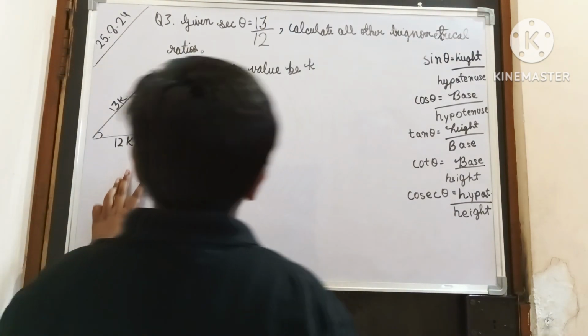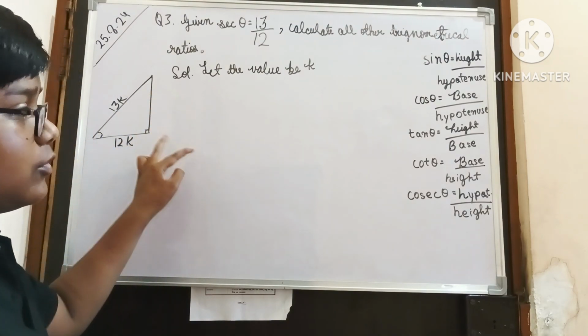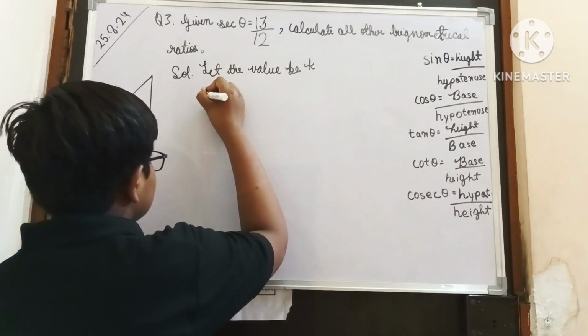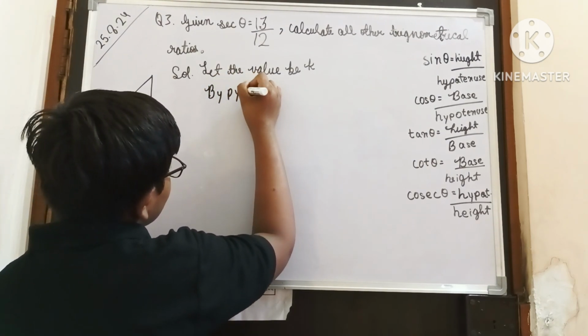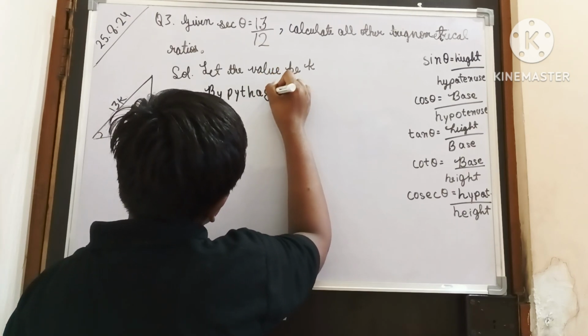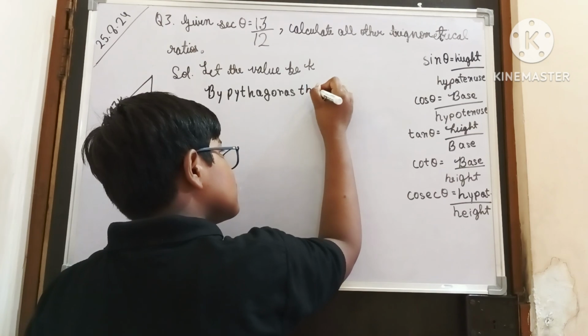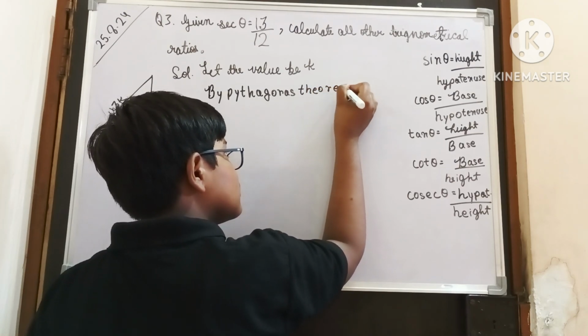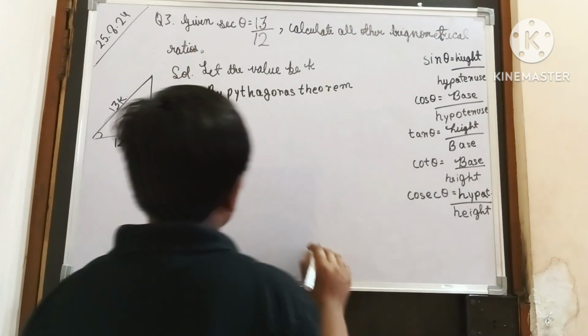So as we have found these values, we will find the value of this line also. So by Pythagoras theorem, we will find the value of this line.